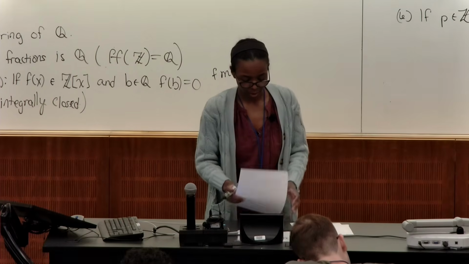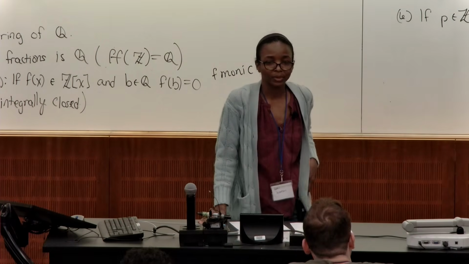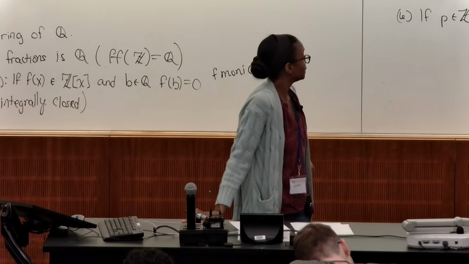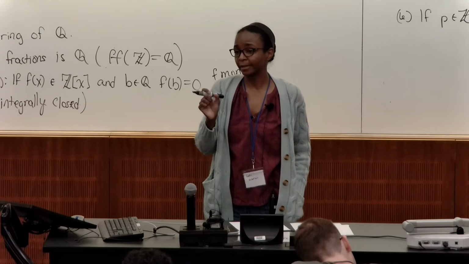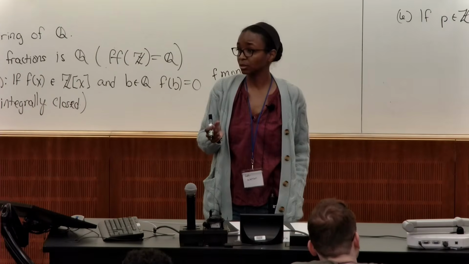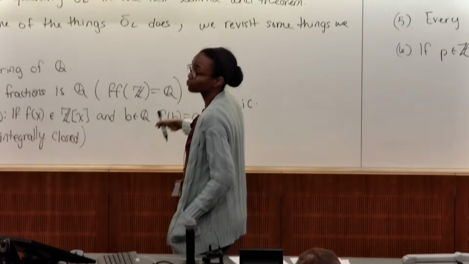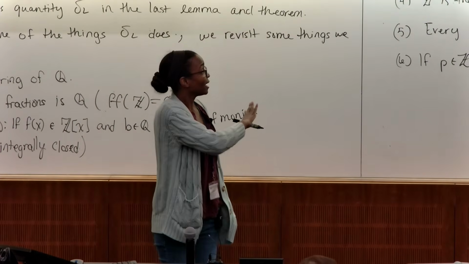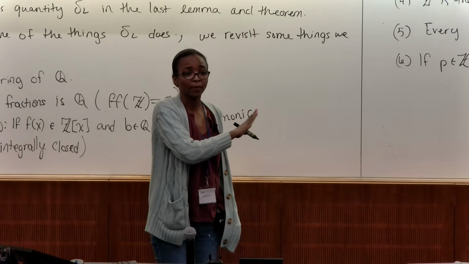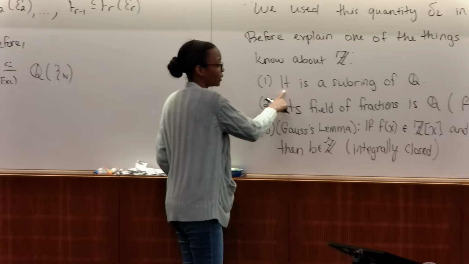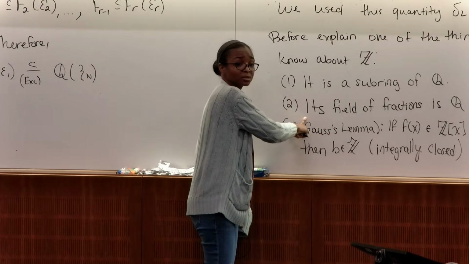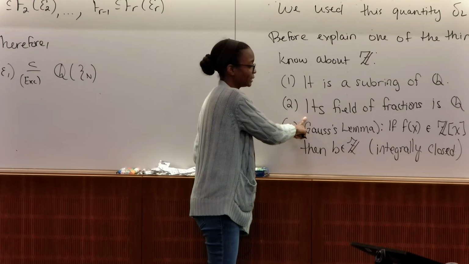Never enough time. What we want to do is, given a finite extension L over Q, find a subring of that extension that has as many of these properties as we can manage. We want something that's a subring. We want its field of fractions to be whatever our extension L is.